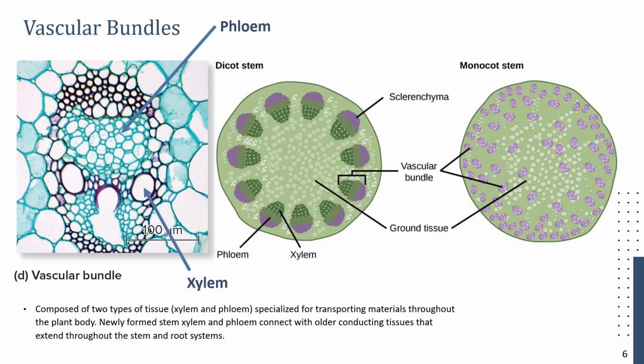So it might be a good idea to make a quick sketch of this, or you can go back to the posted lab notes in the lab materials folder for our tissues lab and print up this document. This is just showing the different places that we see xylem and phloem, and you probably are going to want to reference this when we get to the lab.